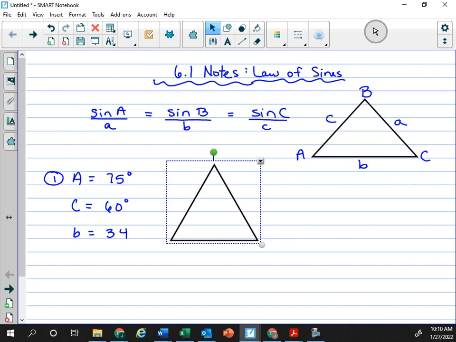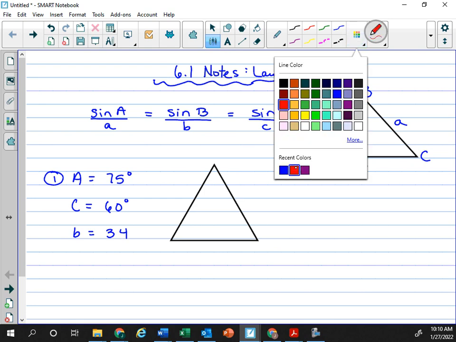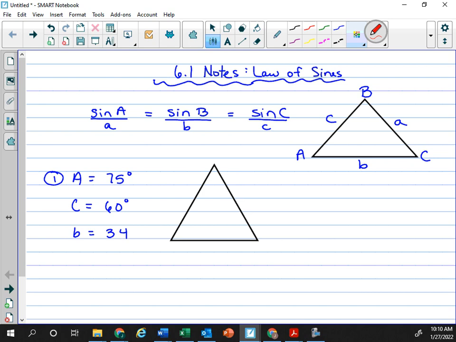Guys, I do want you to draw a triangle for every one of these problems. With the law of sines we're doing today, there's not a specific way that you have to draw it. Next time we're going to do the ambiguous case for law of sines, and then you do have to draw in a certain way. I'm going to just go A down here, B, C.